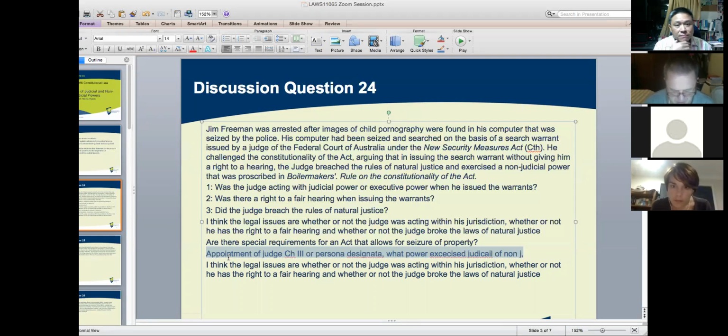So, when I think that something is done in an incorrect manner, I'm going to point it out without seeking to embarrass anyone. So what I asked you to do was to actually identify the legal issues. So if you just say appointment of judge or persona designata, what power exercised, I would have wanted it to be stated as a legal issue.